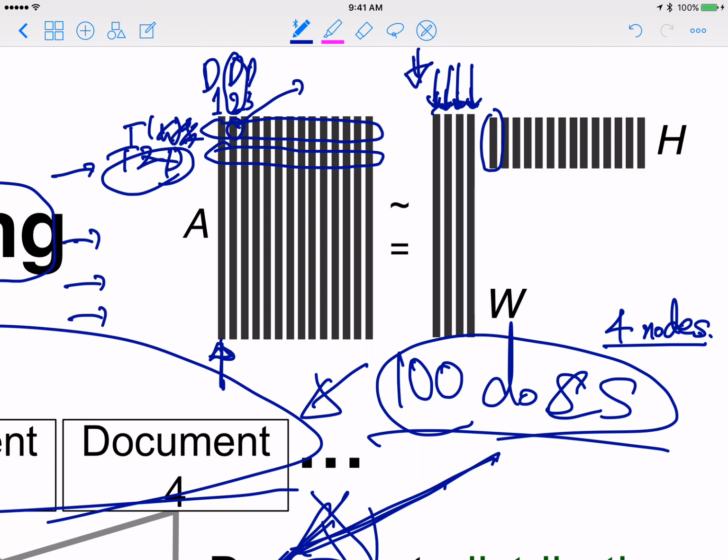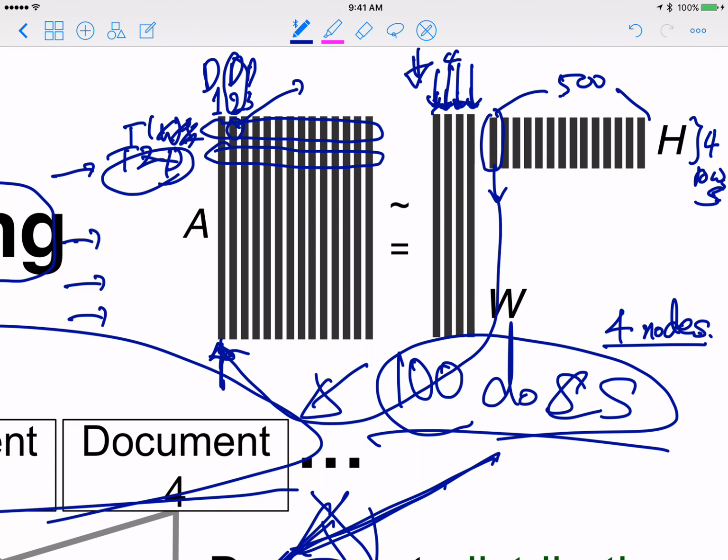So we have 4 columns, and then this H will have 500 columns with 4 rows. The first column corresponds to the first document.